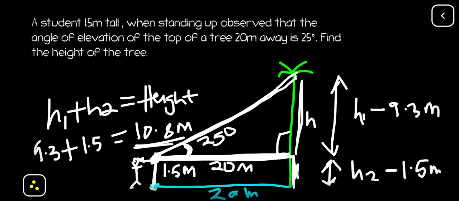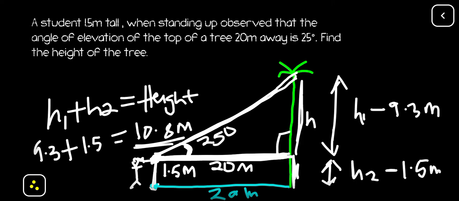So they're not talking about when he's crouching or lying down or sitting down. They gave us his height. From his observation, meaning from the point of observation, his eye, looking at the tree 20 meters away, the angle of elevation is 25 degrees, from his eye to the top of the tree.